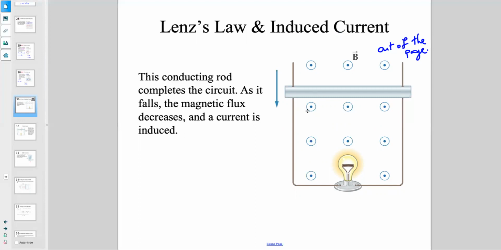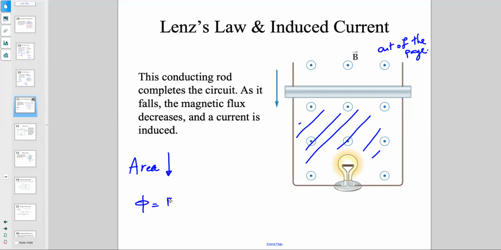This area is getting smaller. If the area is getting smaller, then your flux is getting smaller, okay?